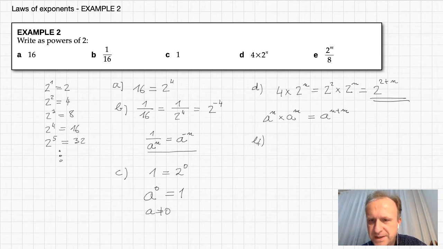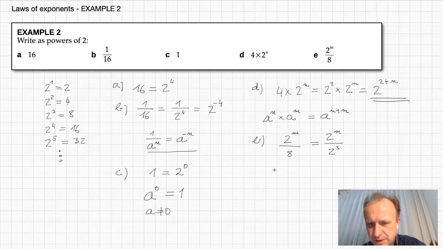Now part E. In part E we have 2 raised to the power of m divided by 8. Now again, using this list here, you can see that 2 to the power of 3 is 8, so it's 2 to the power of m divided by 2 to the power of 3.